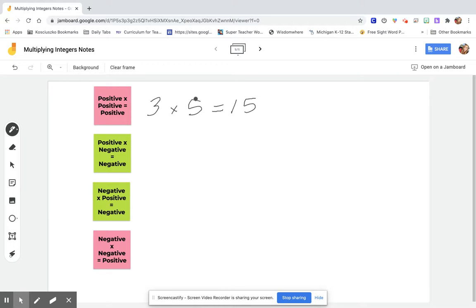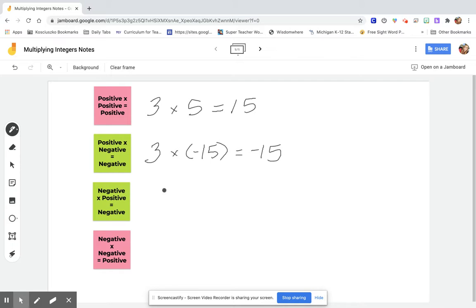Positive times a positive is going to equal a positive. If you have a positive times a negative, you're going to get a negative. Positive times a negative is going to equal a negative.